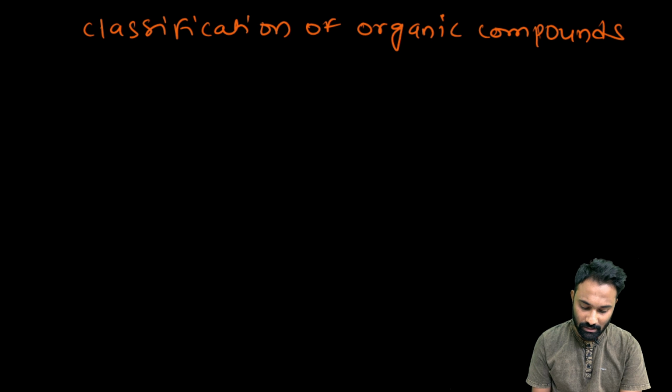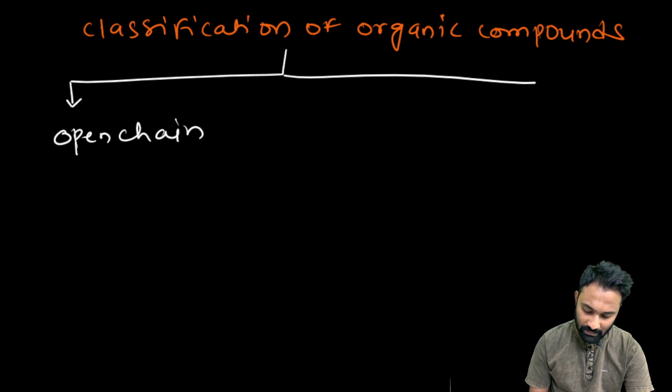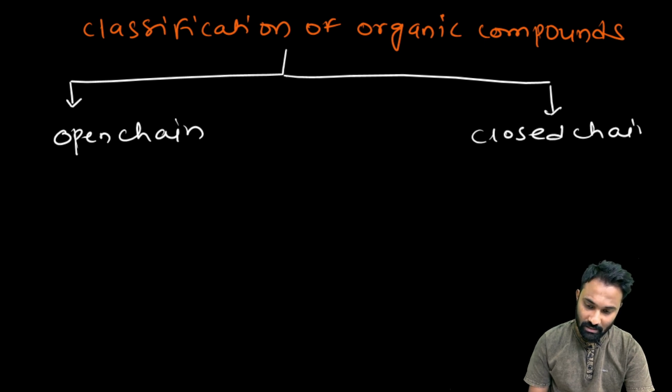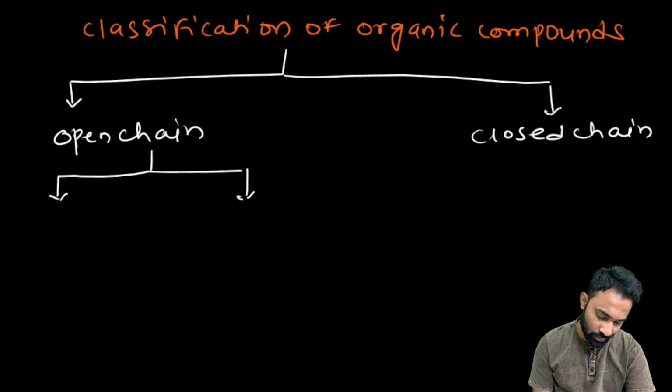Organic compounds are classified into two types: one is open chain and the second is closed chain. Open chain and closed chain. Now the open chain is again classified into two types.